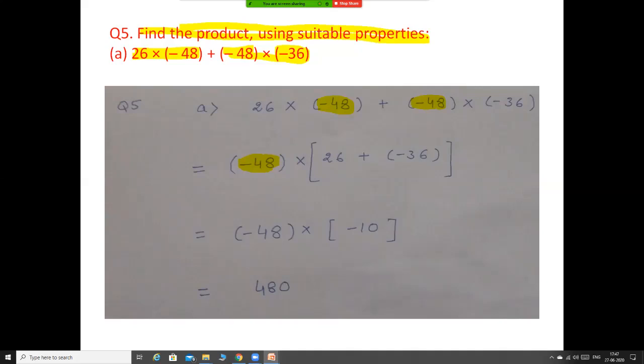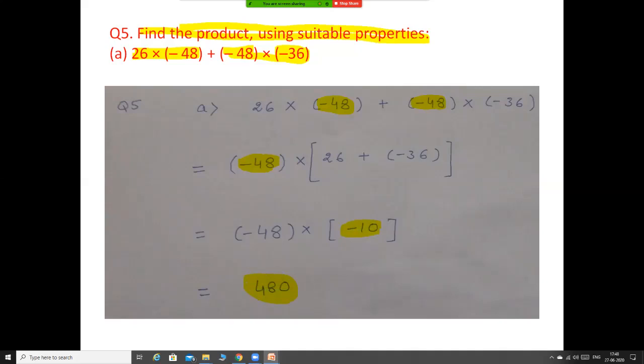Now what we are going to do? What is the answer of 26 plus minus 36? Answer is minus 10. So very easy now. Minus 48 into minus 10. Answer is plus 480. So this is the way we can find the answer.